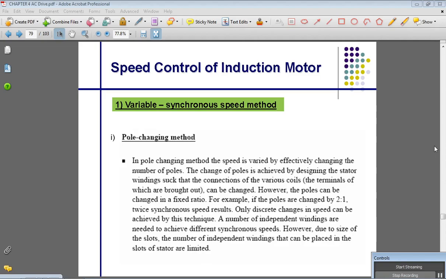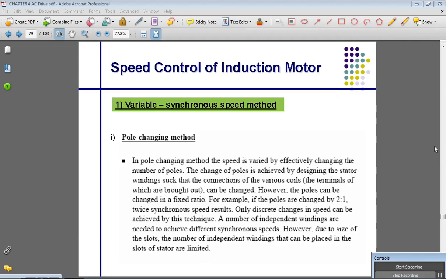Only discrete changes in speed can be achieved by this technique. A number of independent windings are needed to achieve different synchronous speeds. However, due to the size of the slots, the number of independent windings that can be placed in the slots of the stator is limited.